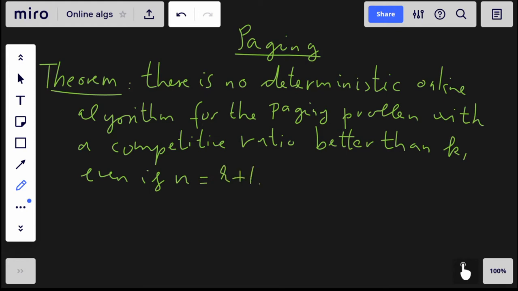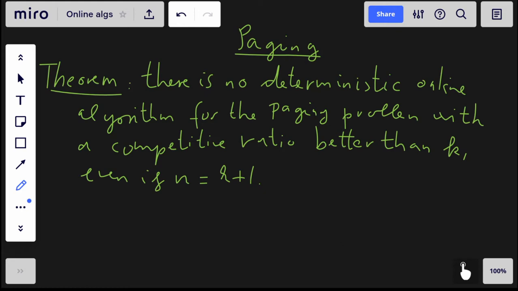So what does this mean? This means that if the size of the cache is K and you have a deterministic online algorithm, it might be K competitive, it might be K plus 1 competitive, it might be 2K competitive, whatever. It can be not competitive at all, as seen for the LIFO and the least frequently used algorithms.